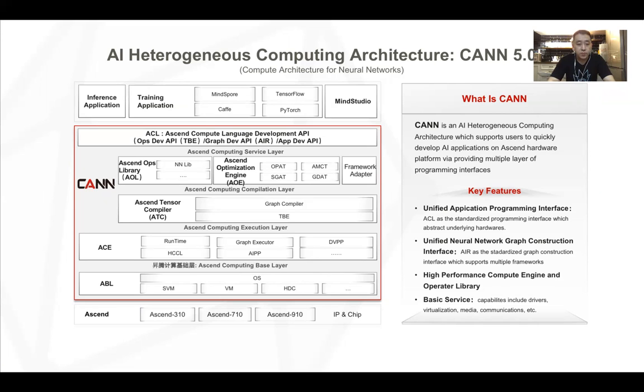As you can see from the figure on the left hand, in CANN, we have the ACL for the overall API. We use ACL as the unified application programming interface. And lower down, we have the unified neural network graph construction interfaces, which is AIR, the standardized intermediate representation.